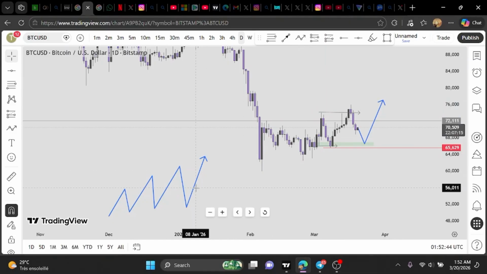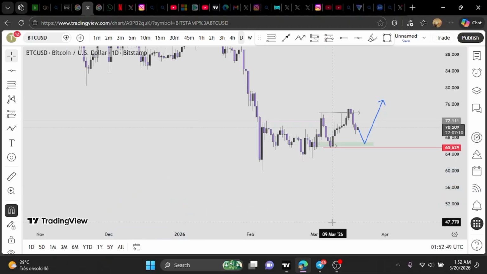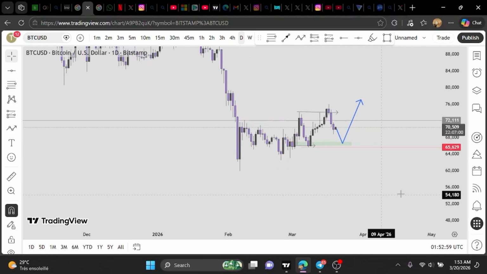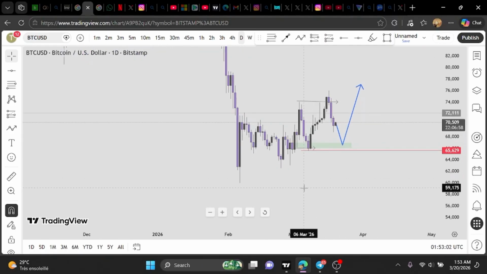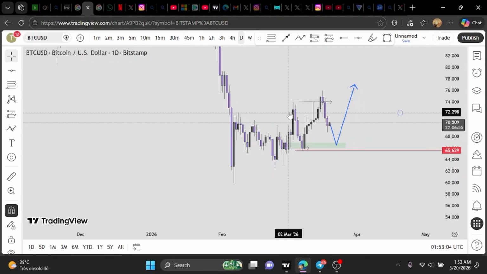So that's simply what is on Bitcoin. Bitcoin and Ethereum do move together. Sometimes when I have a trade on Bitcoin, I go and take Ethereum too, to know the one I really want to pick. So this is really what I'm seeing on Bitcoin right now, because this was a break and this was another break. So this is simply what I'm looking at on Bitcoin.